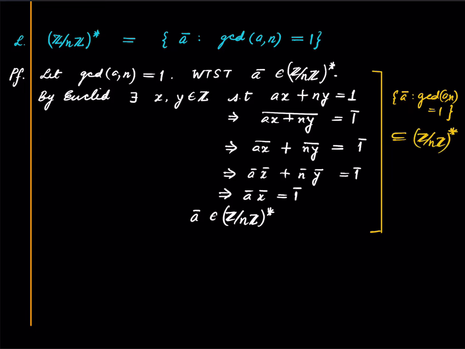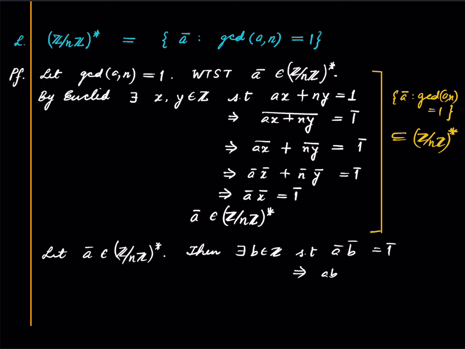The reverse is very, very similar. So let a bar be in (Z mod nZ) star for some integer a. Then by definition, there exists some integer b such that a bar b bar equals 1 bar, which means ab bar equals 1 bar, which means ab minus 1 is divisible by n.